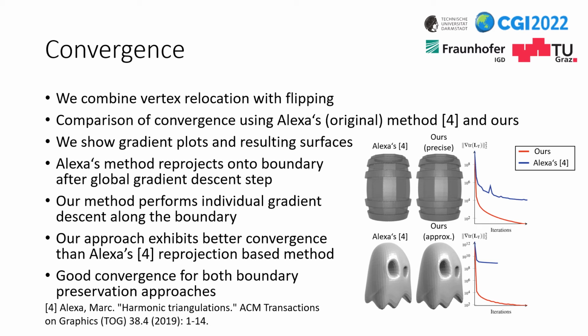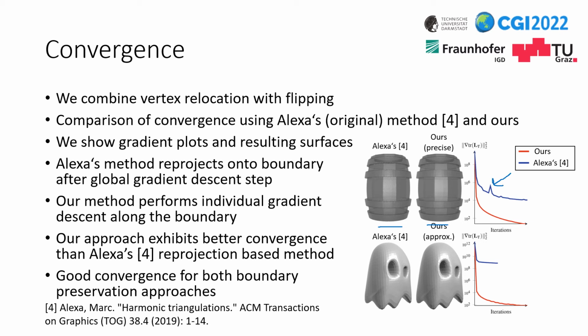Using full boundary preservation, we achieve better preservation of the barrel. We also plot the norm of the trace in order to evaluate convergence. Our method exhibits superior convergence. The reprojection step does not respect convergence, which can lead to jumps in the plot.